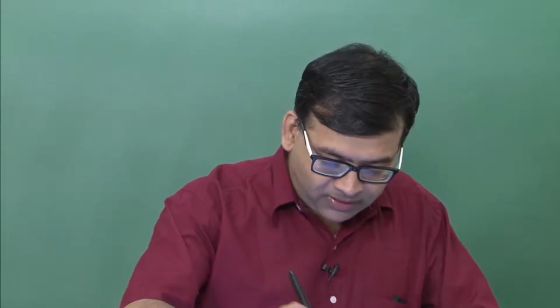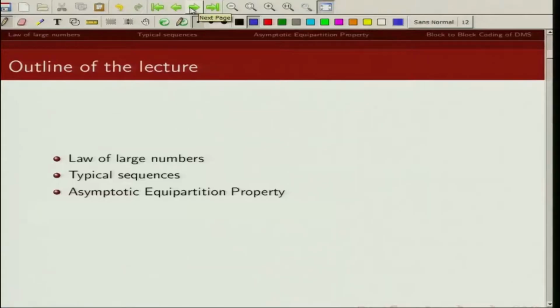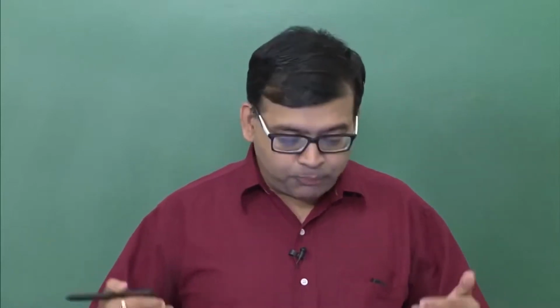Before we go into what a typical sequence is, we need to build up some mathematical preliminaries to prove our results. We will talk about the weak law of large numbers and the Chebyshev inequality, and then we will use those results to prove three properties of typical sequences, which are collectively known as the asymptotic equipartition property.